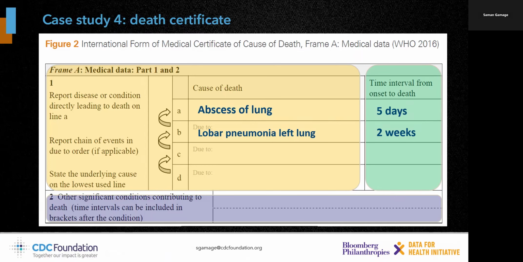So if you complete the medical certificate of cause of death for this case: 1A abscess of lung, which he had for 5 days, and the abscess of lung was due to lobar pneumonia in the left lung, which the patient had for 2 weeks.